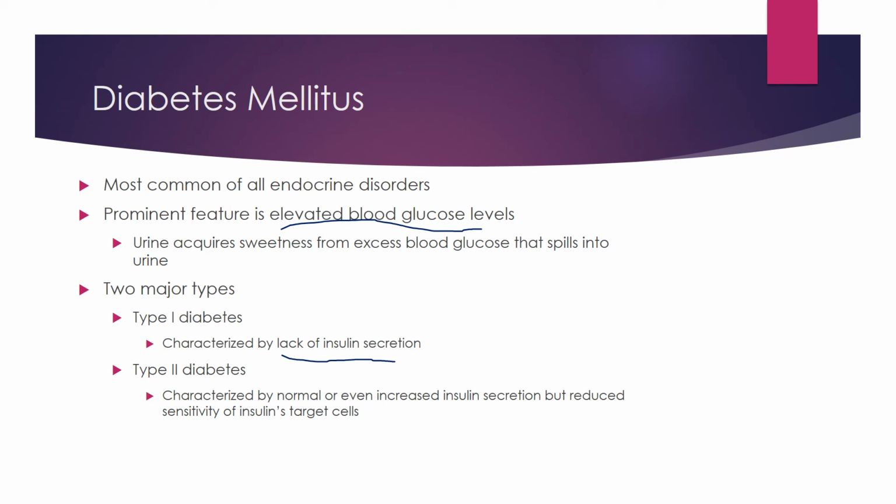Type 2 diabetes is due to normal or even increased insulin secretion, but a decrease in sensitivity of the target cells for insulin. This is what's typically referred to as adult onset diabetes, where your body either resists the effect of insulin or doesn't produce enough insulin to maintain normal glucose levels.